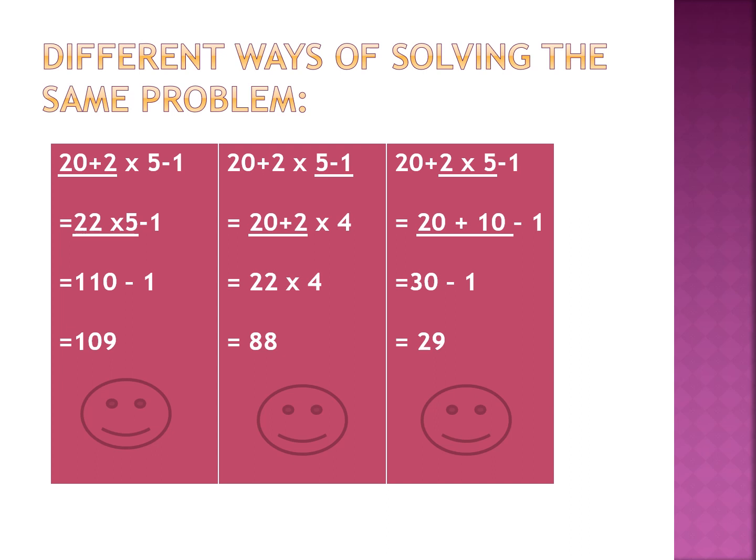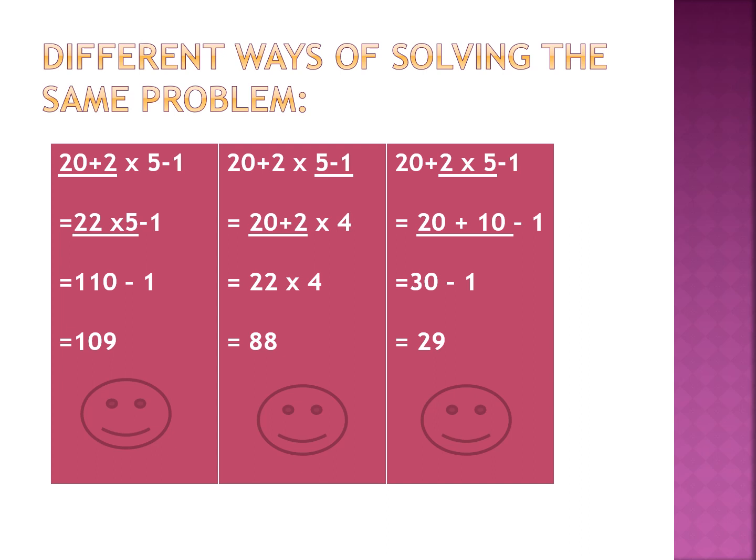Now the third student says, ma'am, I neither got 109 as the answer, nor 88, I got 29 as the answer. So let me see the solution of the third student as well. Now what did the third student do? The third student chose to perform multiplication first of all. So he multiplied 2 and 5 first to get 5 2s are 10. So 20 and minus 1 is same.